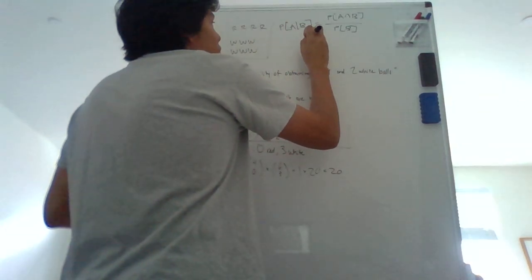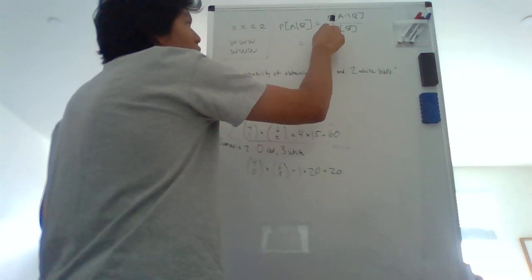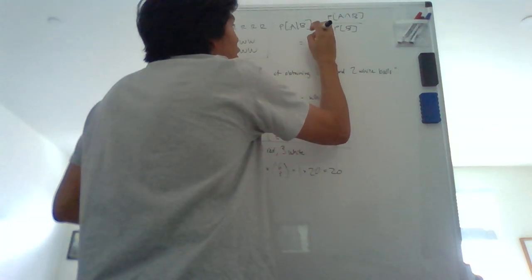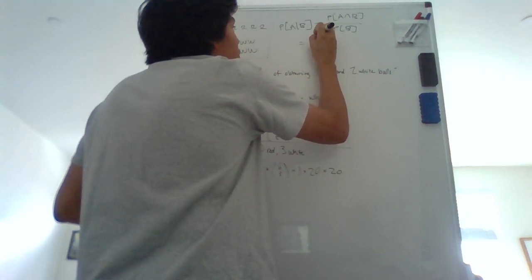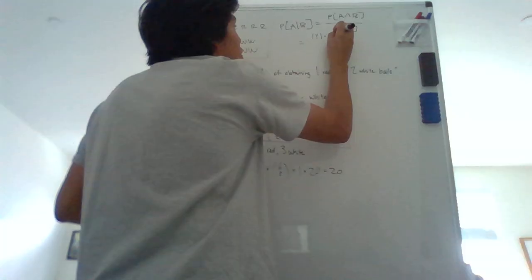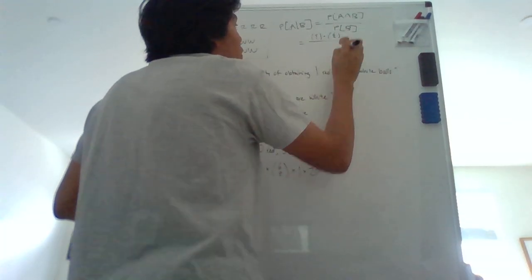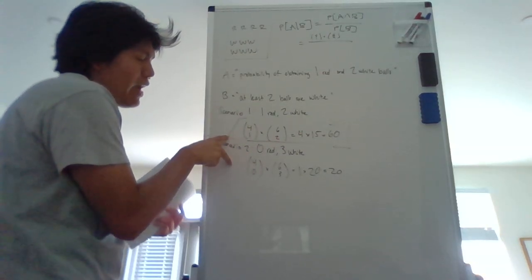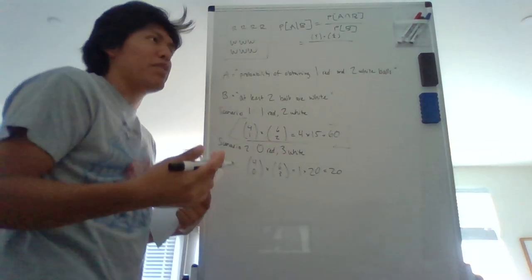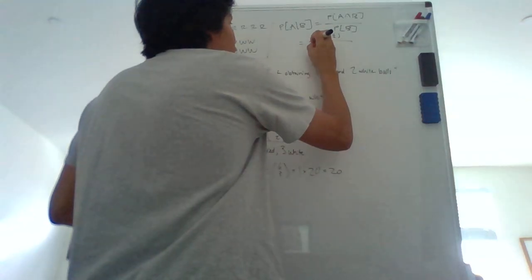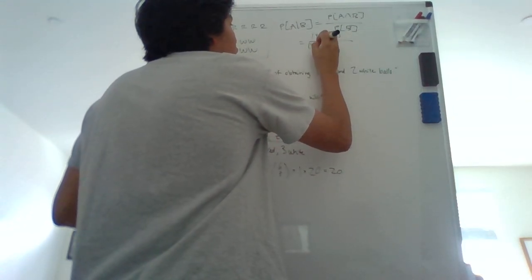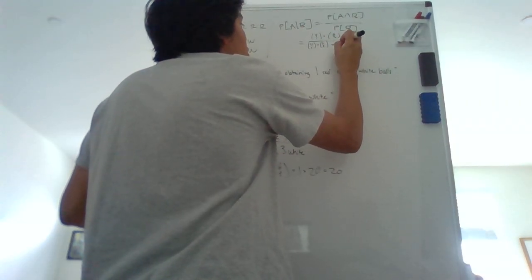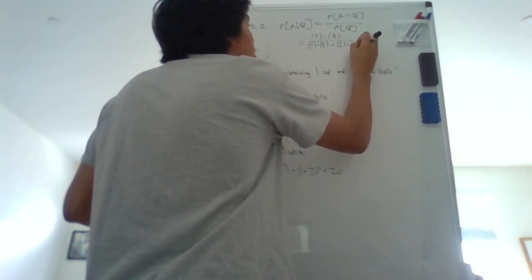So how do we do that? Well, the probability of A intersect B is 4 choose 1 times 6 choose 2, over the probability of B. And it's these two added together because that's the total probability of B. So it's 4 choose 1 times 6 choose 2 plus 4 choose 0 times 6 choose 3.